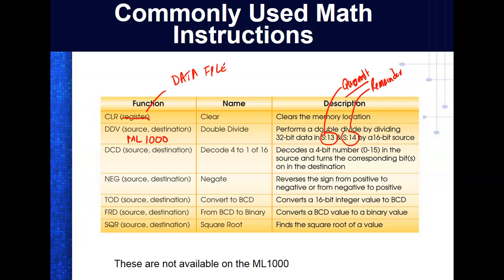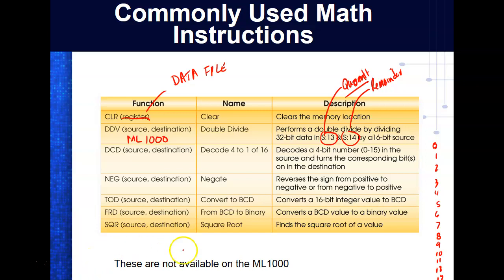What is DTD going to do for us? Yeah. So what would happen is we have bits 0, 1, 2, 3, 4, 5, 6, 7, 8, 9, 10, 11, 12, 13, 14, 15.